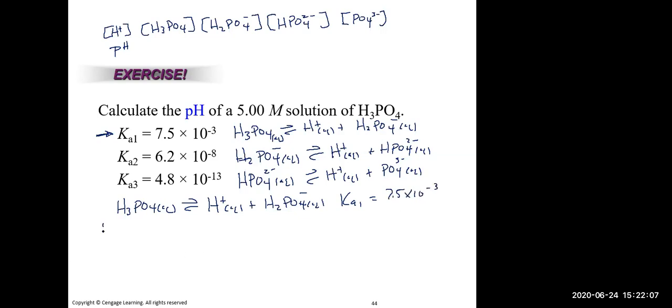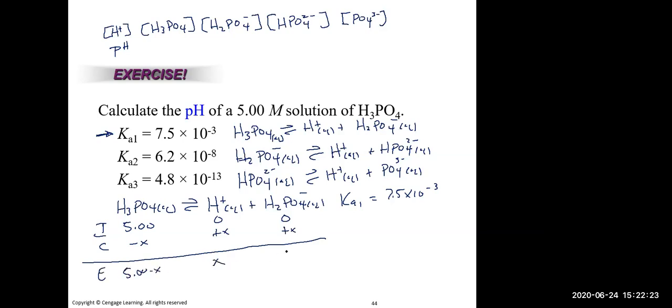We're going to do an ice table, so the only value we're given is 5. So we're going to do zeros for these guys. We're going to do our minus x, our plus x, and our plus x, which means at equilibrium we have 5 minus x, x, and x.